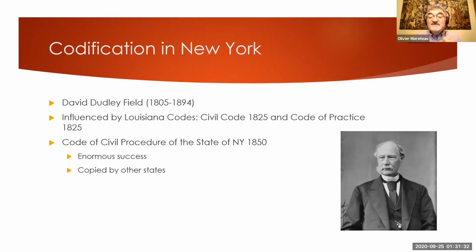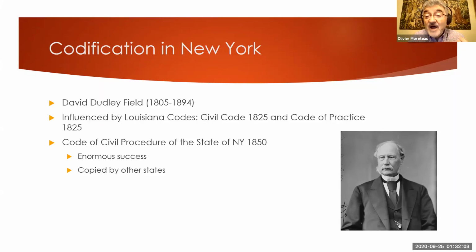And this code of civil procedure has been a huge success, not only in the state of New York, but overall in the United States. Most states, if not all of them, adopted a code of civil procedure and very often copied the Field Code.